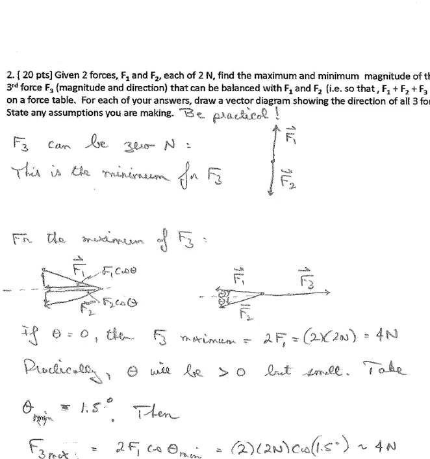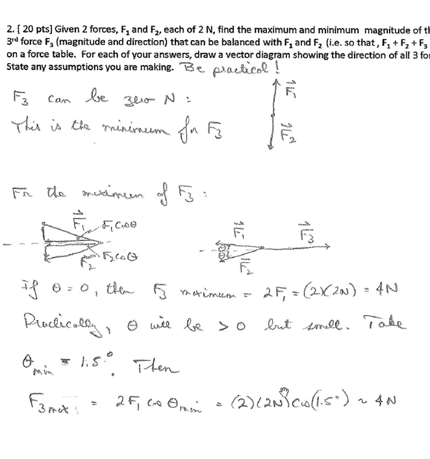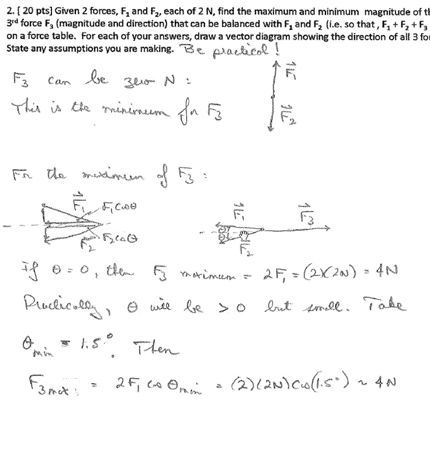And so it turns out, if you actually look at the geometry and the size of the force tables that we used, that theta minimum is about 1.5 degrees if you do some simple math. And based on that, and this picture right here, F3 max would be, according to this picture, 2 times F1. F1 would represent the magnitude of either F1 or F2.